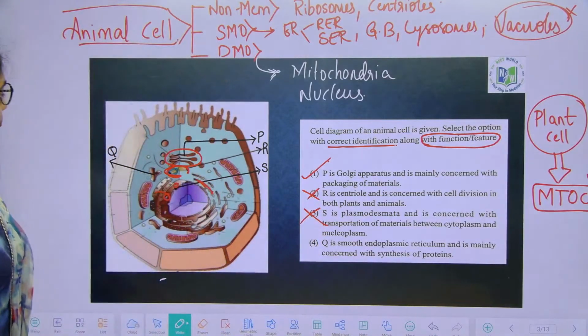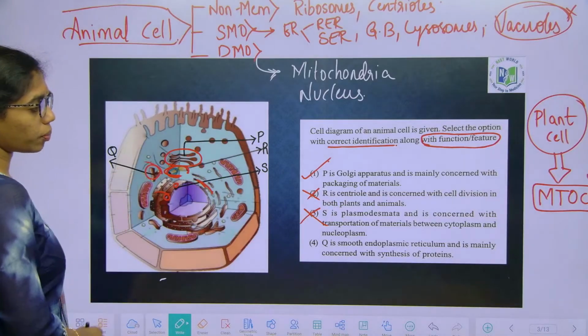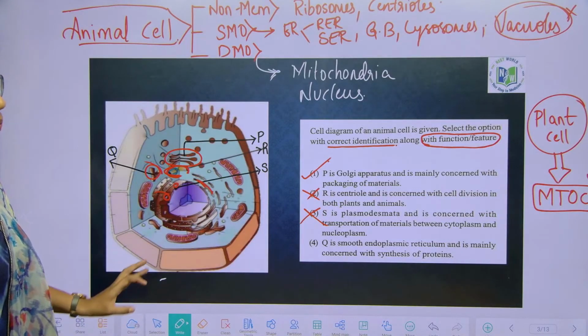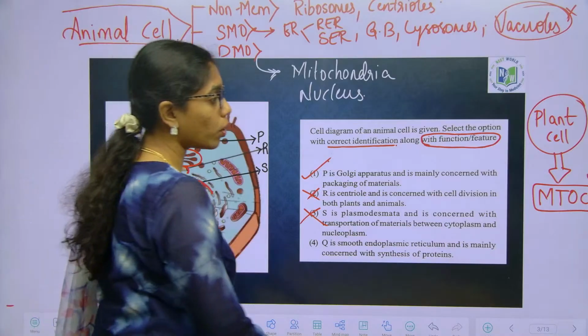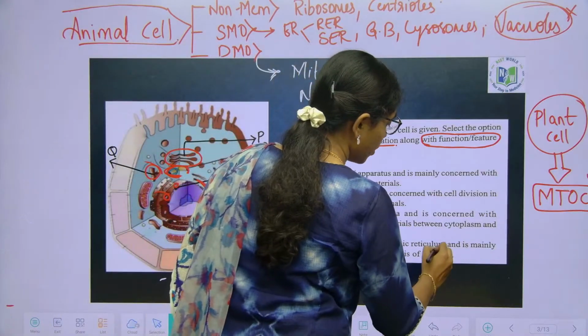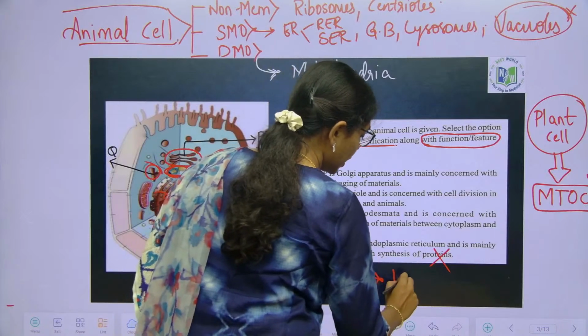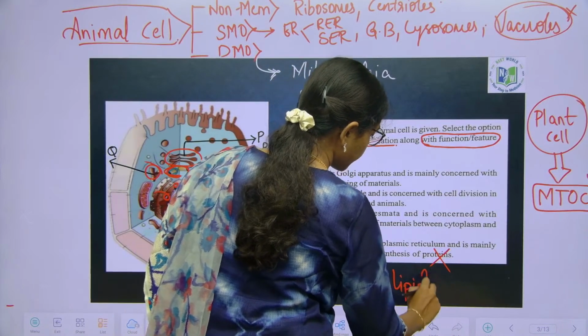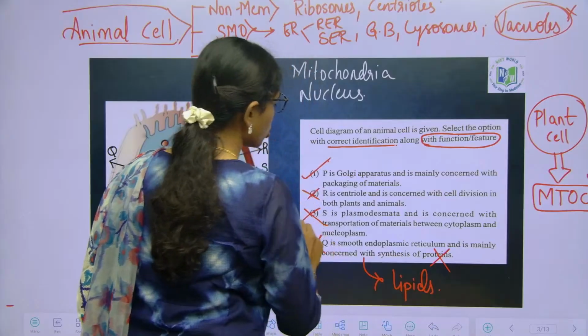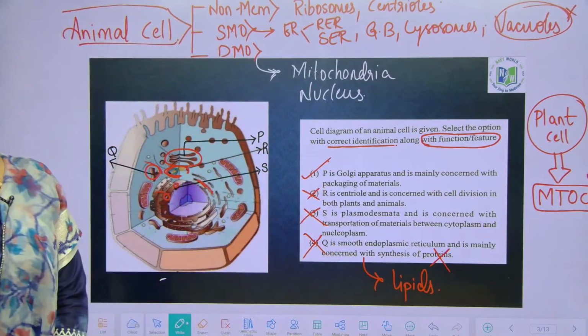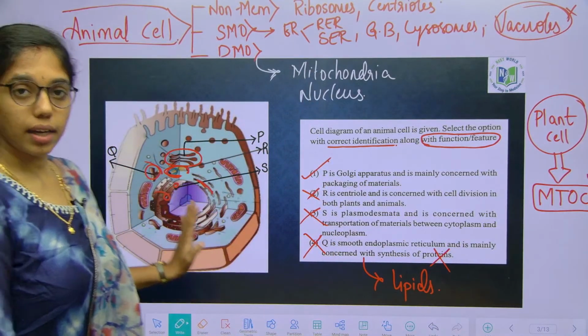And Q, yes, this is smooth endoplasmic reticulum and this is mainly concerned with the synthesis of proteins, he is saying. This is mainly concerned with what? Synthesis of lipids, not proteins. So, what is the right answer? Option 1 is the correct answer, right? Next question.